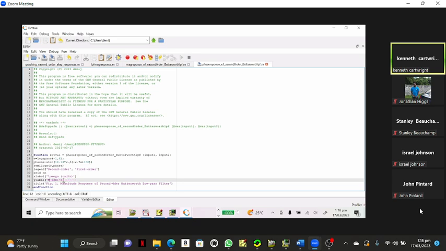So this is phase in degrees. Okay. This answer here is going to be in radians, so I need to change it to degrees.